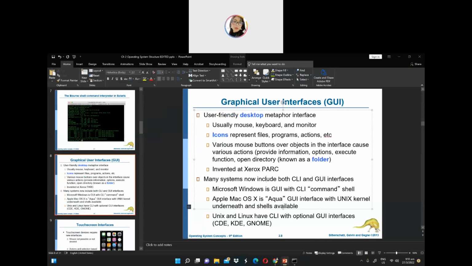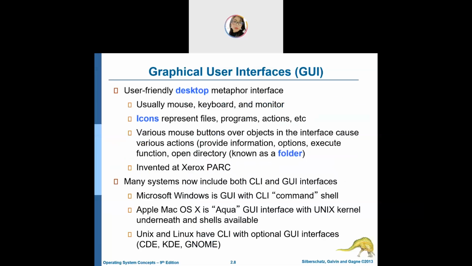Many systems now include both. You can have a CLI, you can also have a GUI, which is similar to our Windows currently. All our devices have both, I think. I don't know whether our smartphone has both, but normally on our smartphone we only have the GUI.